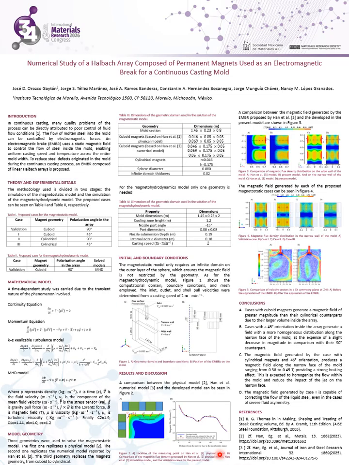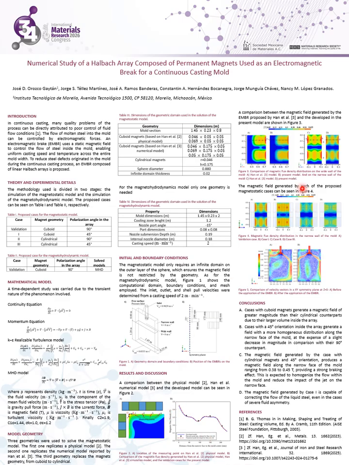We can see that the 3 of them are practically the same. So we can say that our model is pretty exact, generating the magnetic field originated from a Halbach array.